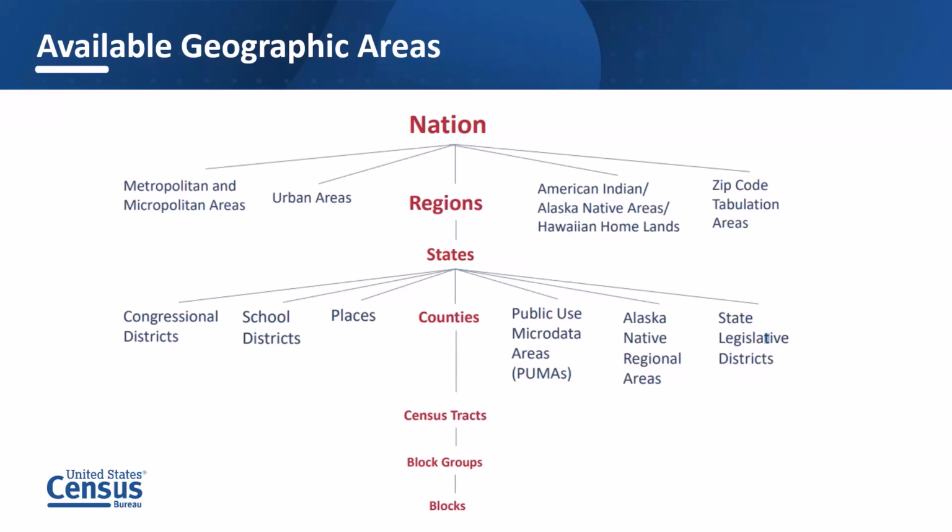And if you put 2, 3, 4 or so census blocks together, you get a block group. And similarly, if you put 2, 3, 4 or so block groups together, you get a census tract. And a census tract has an optimum of about 4,000 in population.